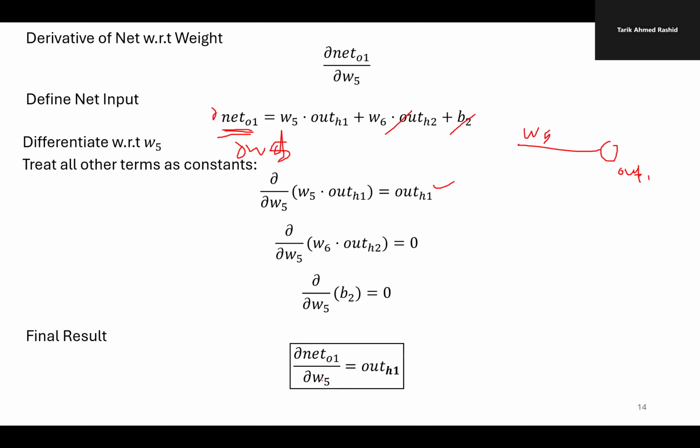So delta net over delta W5 is only out H, because for W5 this whole term will be 0, only this term remains. That's 1 multiplied by out H.